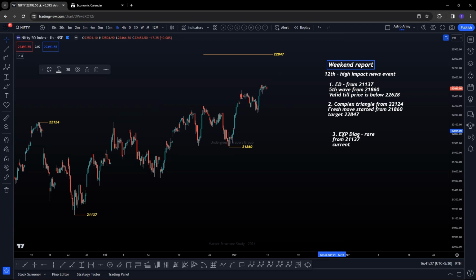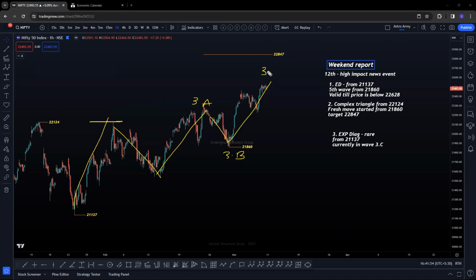Currently in wave 3.C. Okay, so this is your wave 1, wave 2, 3.A, 3.B, 3.C. Okay, so this is your overall structure of the market.